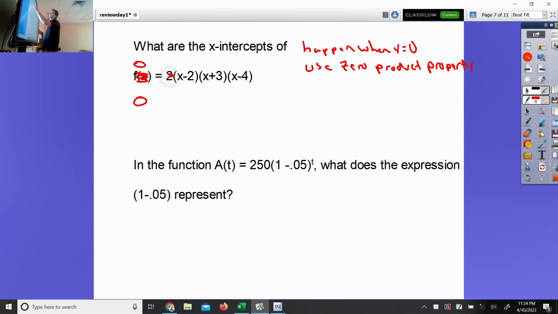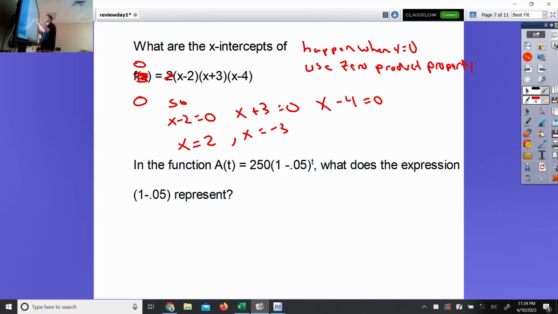So 2 is just a number. We only think about things with factors of x. So x minus 2 could be a 0, x plus 3 could be a 0, x minus 4 could be a 0. So I get that x is 2, x is negative 3, or lastly, x is 4. It's just as simple as changing signs in the parentheses.